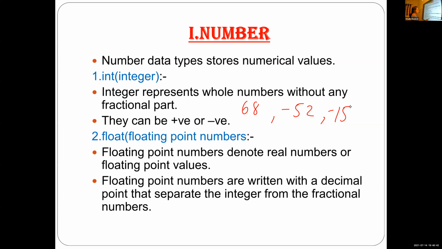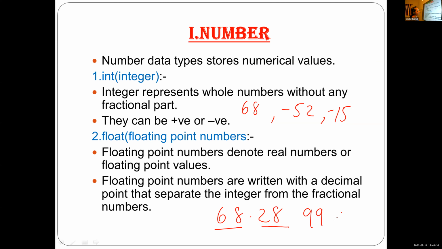I will give one example: 68.28. This is one example of a floating point number. We use a decimal point to separate the integer part and the fractional part. This is the fractional part, and this is the integer part. So if there is a decimal point in the number, we call that data type a floating point number. Aparna, give another example. 99.01.